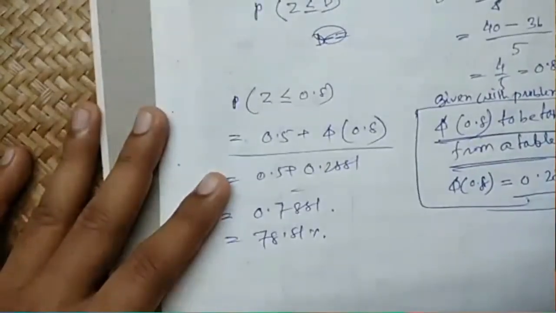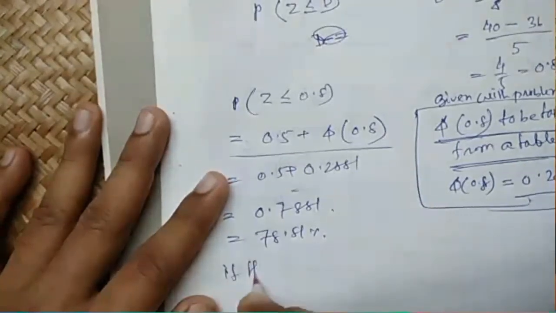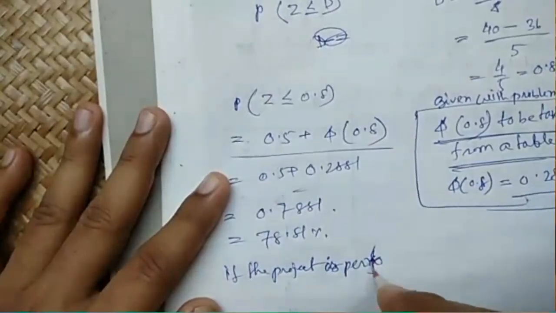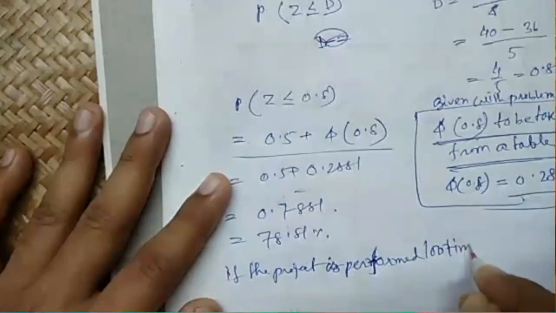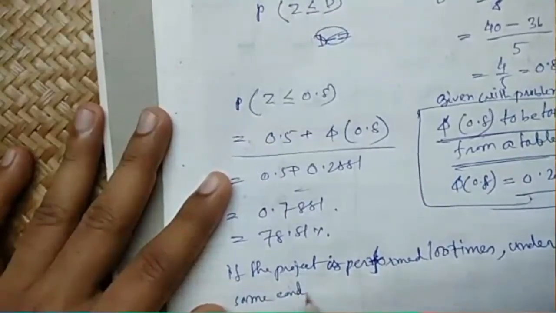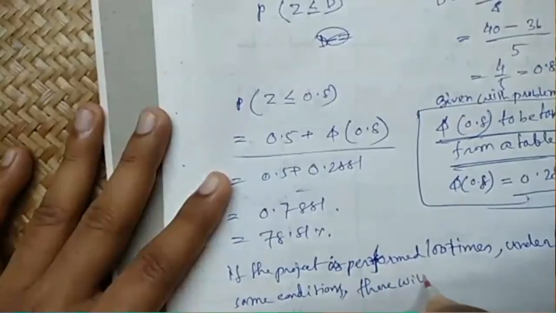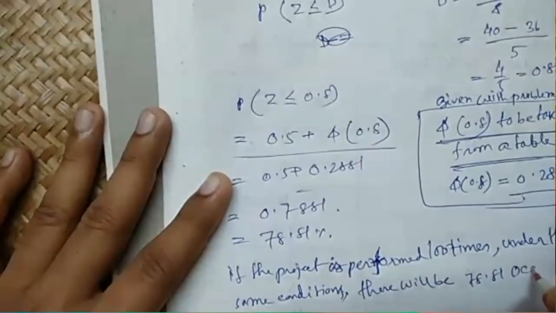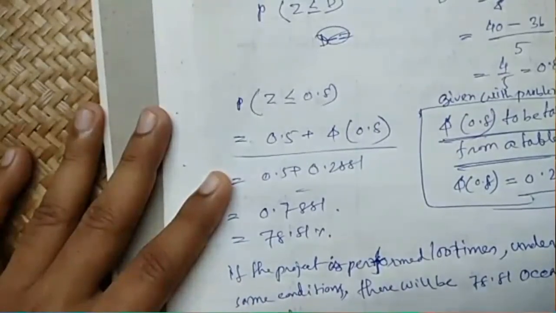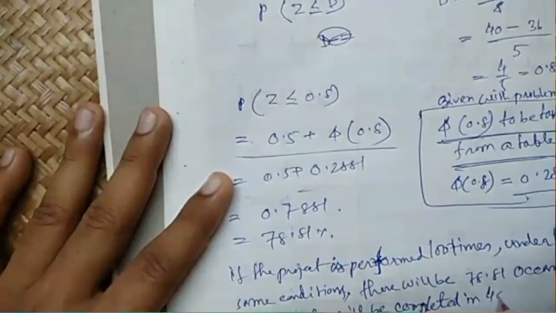So you will write the answer: if the project is performed 100 times under the same conditions, there will be 78.81 occasions the project will be completed in 40 days.